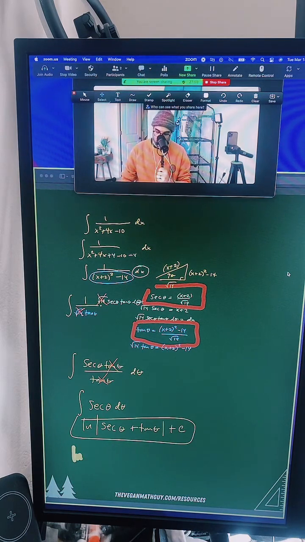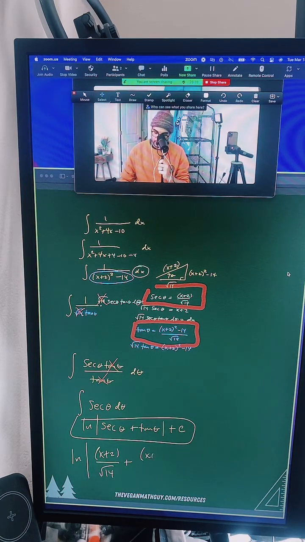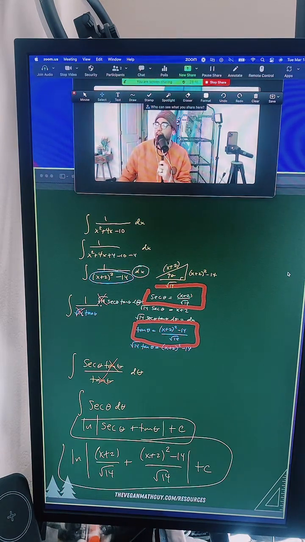So now we have natural log of x plus 2 over root 14 plus the square root of x plus 2 squared minus 14 over root 14, plus c. And had you done partial fractions, then I believe you would have gotten that same answer. This is actually a lot neater than I thought. I was going to get crazy and do partial fraction decomposition instead of trig sub, but this worked out just fine.